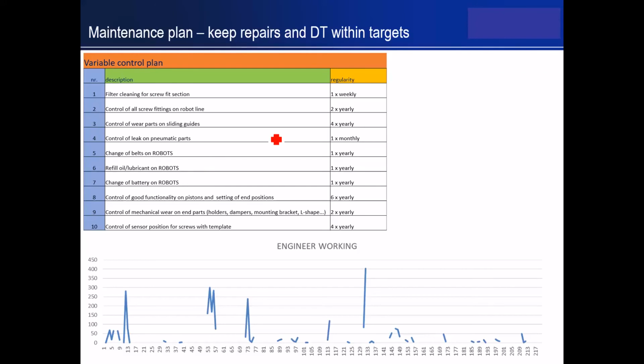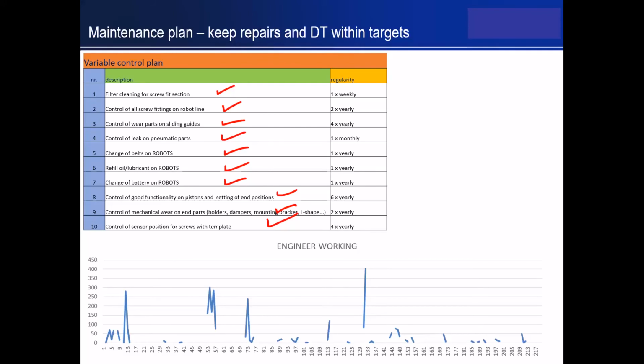So look, here are all the maintenance type routines that she's put in. Look, to get the maintenance right: filter cleaning, control of the screw fitting on the robot line. What we got? Control of the wear parts, control of the pneumatic leaks, control of the belts on the robot, etc. She's just doing checks after check after check.